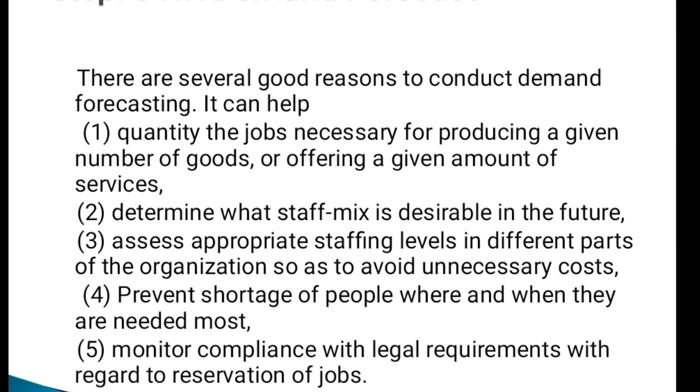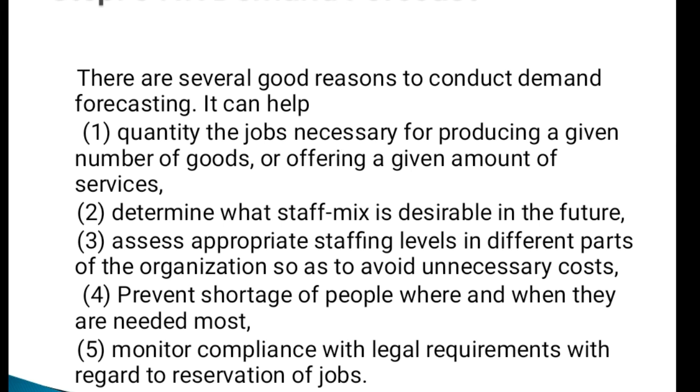So here, the number of jobs will be specified. Second, determine what staff mix is desirable in the future. As I told you, if there will be 5 vacancies, then the staff mix is 4 marketing executives plus 1 clerk. So that is called staff mix.